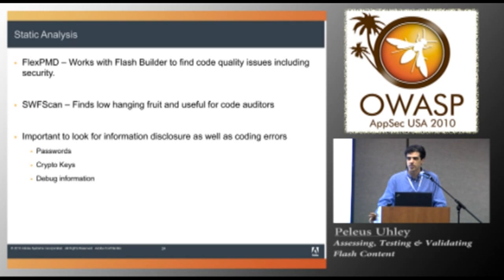So it will flag every time it sees the word password in the SWF. If you're a security auditor, you want to know everywhere it says password, because you're going to manually inspect each one of those lines of code. If you're the developer, you already know where it says password within the SWF. So you may not understand why it's flagging that for you.